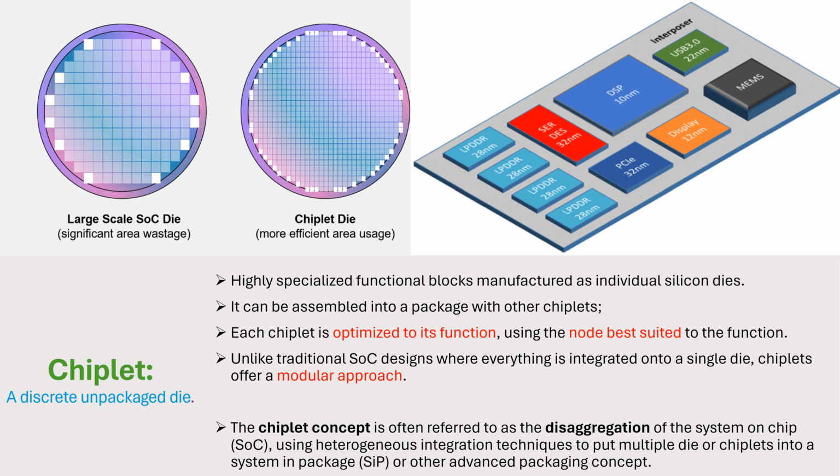In the next level, we tried to aggregate multiple modules onto a single die. That's the SoC approach. Now the opposite is happening. The chiplet concept is disaggregation. It means moving the individual modules into separate dies and then connecting them in a package.